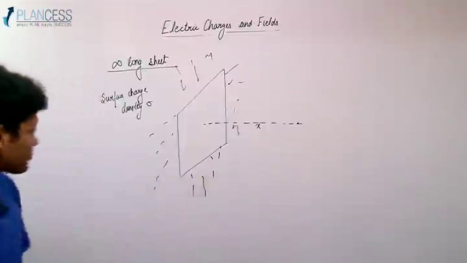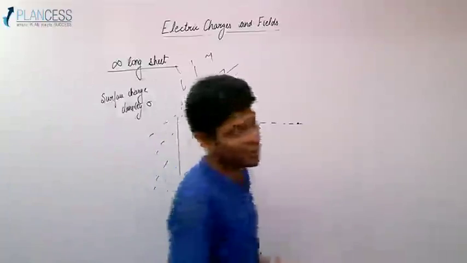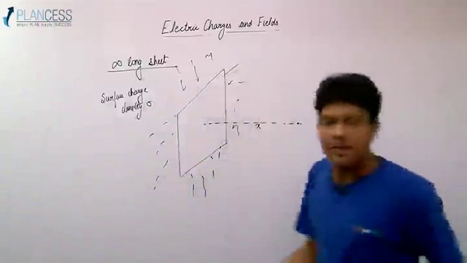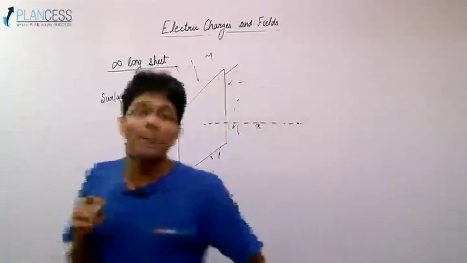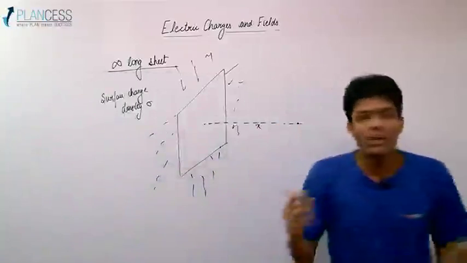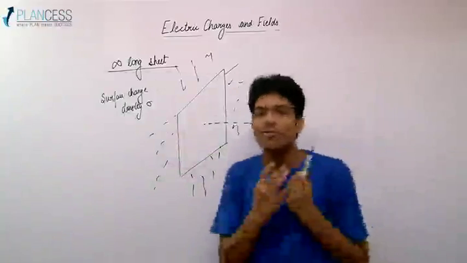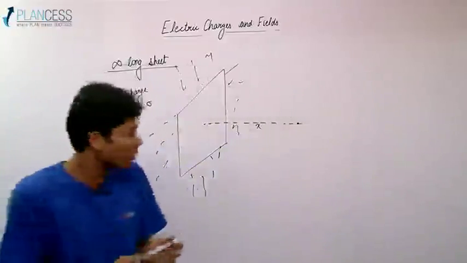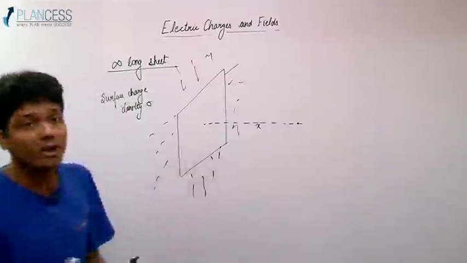Now, what is the way of calculating this? We have to choose, as we did for this, an element which would break this infinitely long sheet into equivalent parts so that we can easily calculate the value of the electric field at a distance x. In this case, what we do is we take an infinitely long wire.